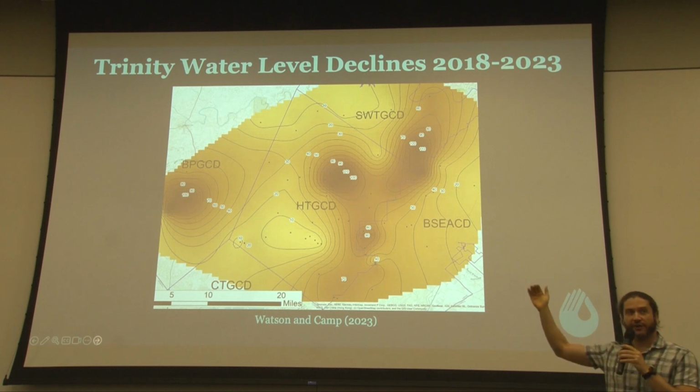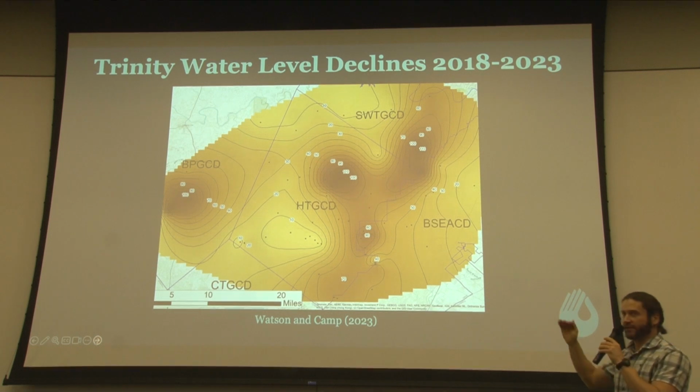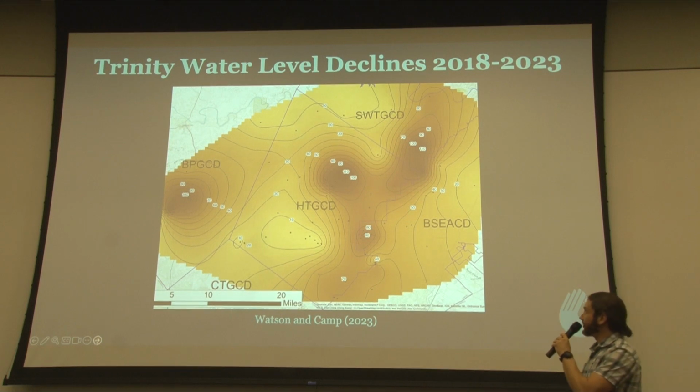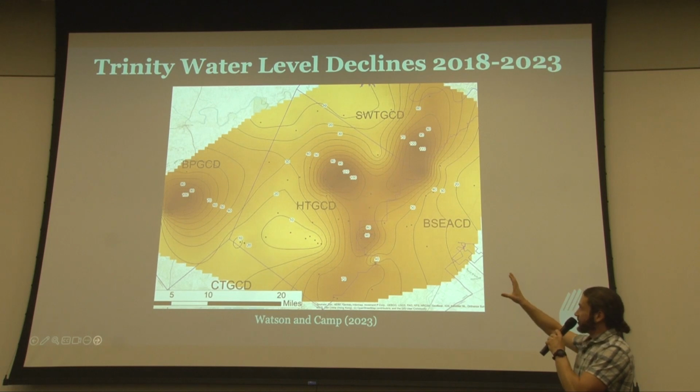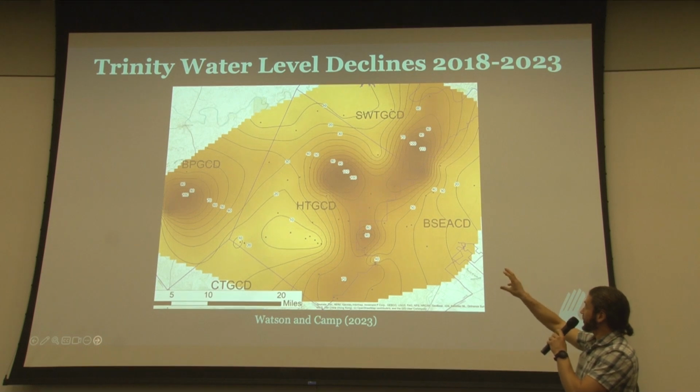So the higher the number, the higher the level of groundwater decline, how much groundwater level has gone down. You can see we've got these dark red areas. There's a big cone of depression in the Dripping Springs area, southwestern Travis County.